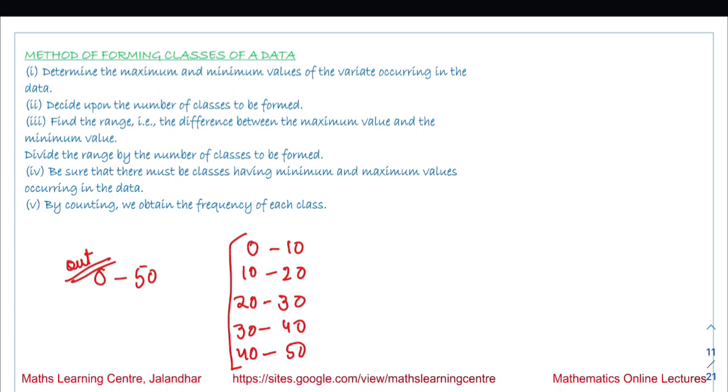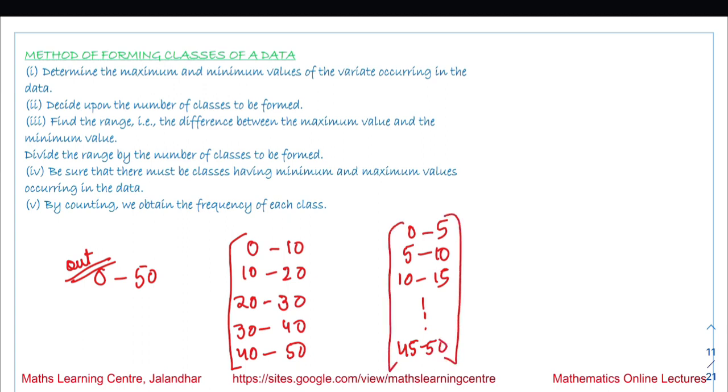I can also increase the number of classes: 0 to 5, then 5 to 10, then 10 to 15, and so on until 45 to 50. So this will increase the number of classes. We have to decide how many classes we want to make.